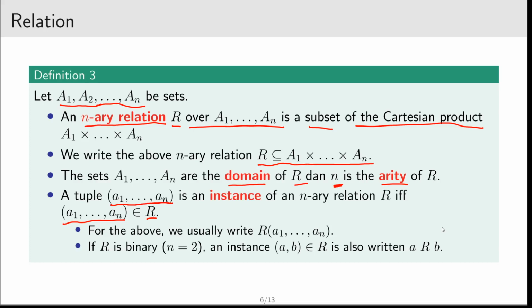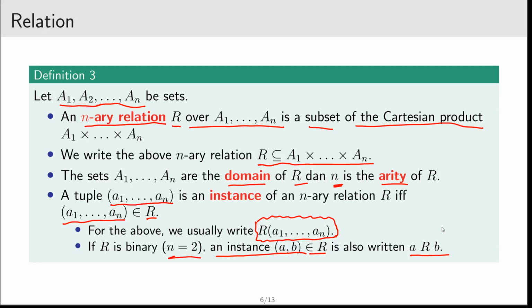Now, if the n-tuple a1 up to an is an instance of R, then we also write it this way: R and then the tuple. If R is binary, that is when n is equal to 2, then an instance (a, b) is an element of R, could be written a R b. So the previous example of the divisible by relation, we could simply also write 12 divisible by 4. Now, this is a formal definition of relation.